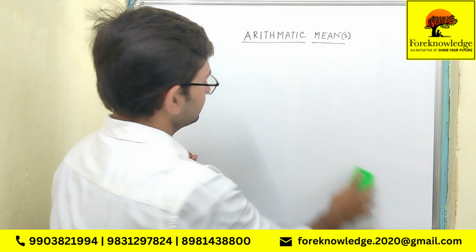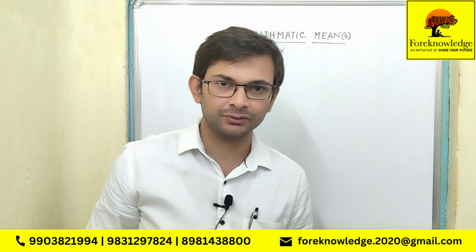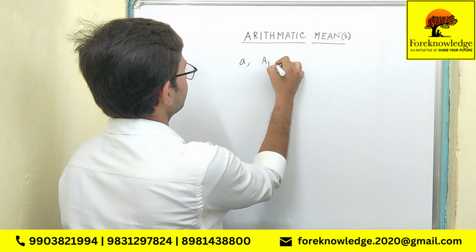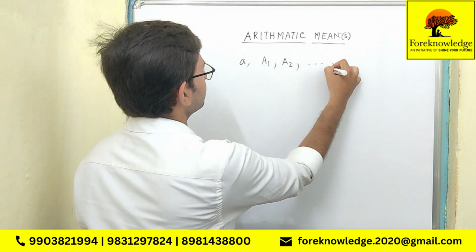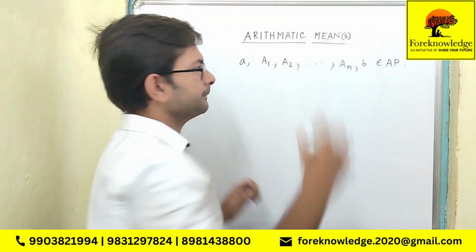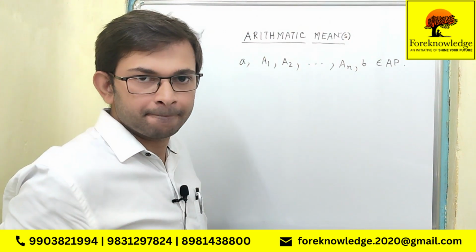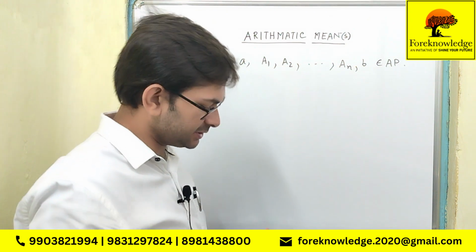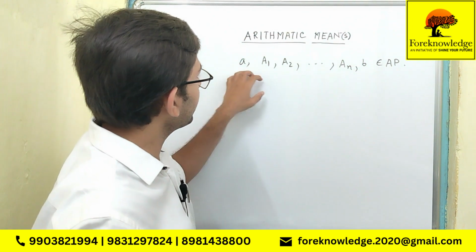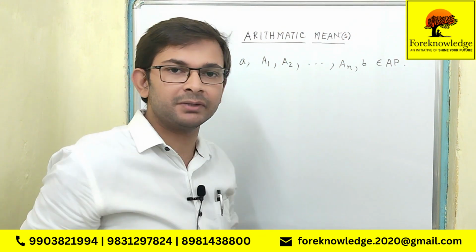Now the question is how to calculate these arithmetic means. So we have A, we have A1, A2 and so on up to AN and B. They are forming an AP. In the AP, the first term is A. The total number of terms is n plus 2, because there are n arithmetic means and two numbers already given.